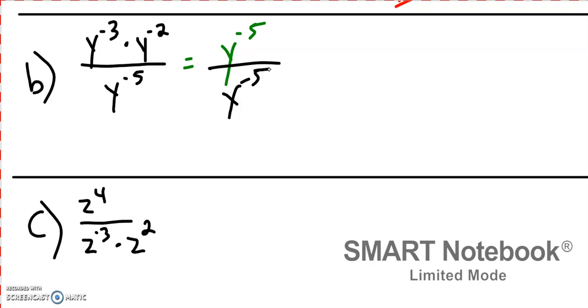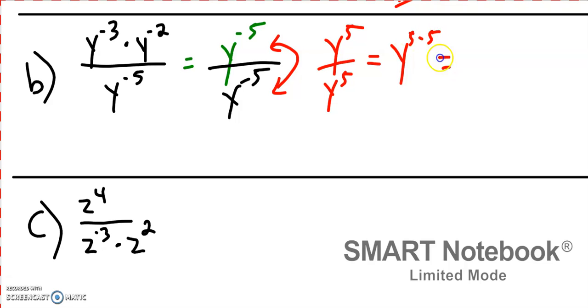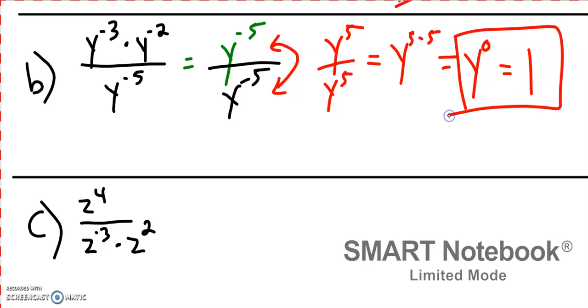Y to the negative 5th is in the numerator, and it's also in the denominator. Again, if that didn't happen, you could switch the location of both of these, since we want to negate the negative exponent. So we get y to the 5th over y to the 5th, and then we can simplify by doing y to the 5 minus 5, which is y to the 0th, and we get 1.